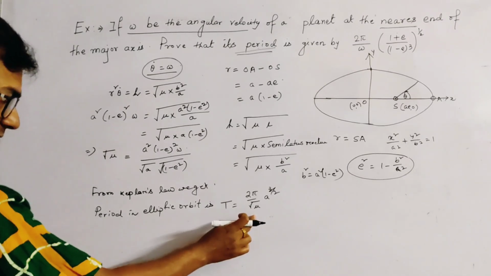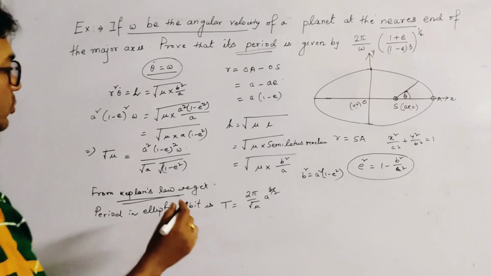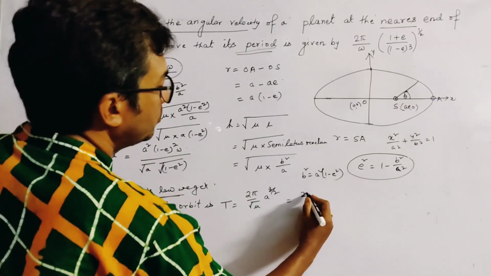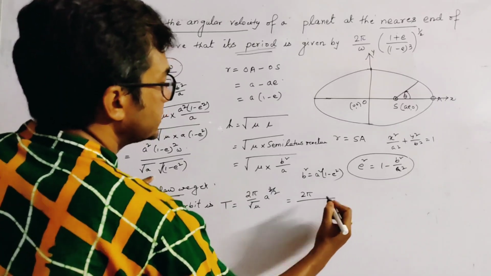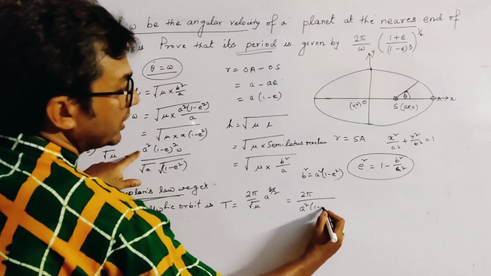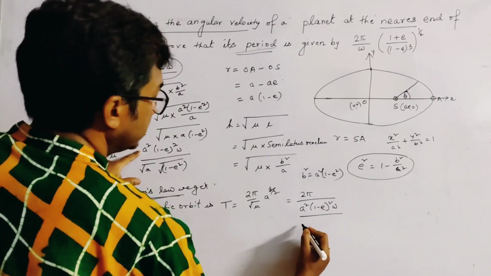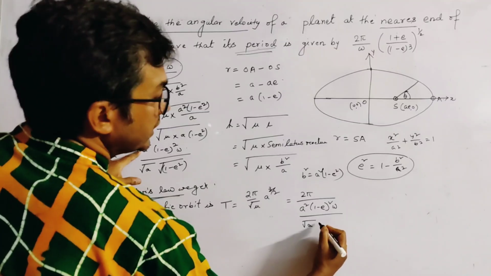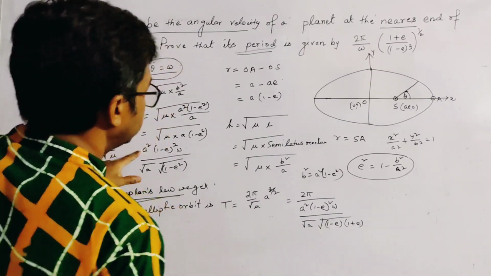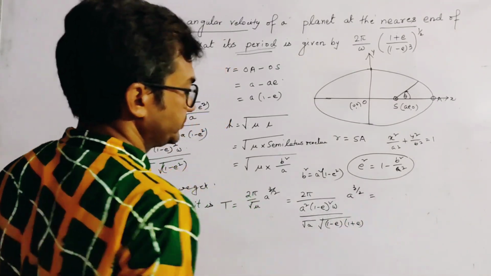This relation is known from Kepler's law of planetary motion. And we put the value of root mu here. We get 2 pi by a square into (1 minus e) whole square into omega by root a into root under (1 minus e) into (1 plus e), right, into a to the power 3 by 2.